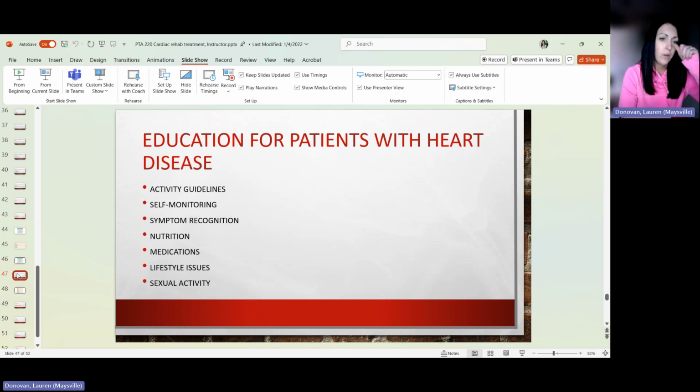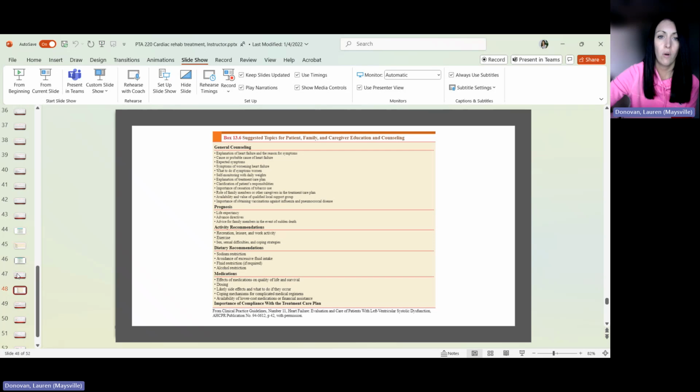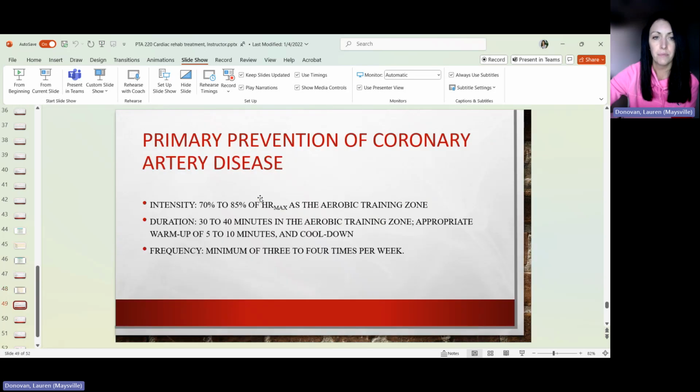Modifications of their nutrition, their exercise, their lifestyle, socially, and with their overall wellness too. So counseling and how involved is their family, or say the patient's family, if they have caregivers. Also knowing, this is just some general counseling. You can look over that, dietary recommendations, as well as medications.